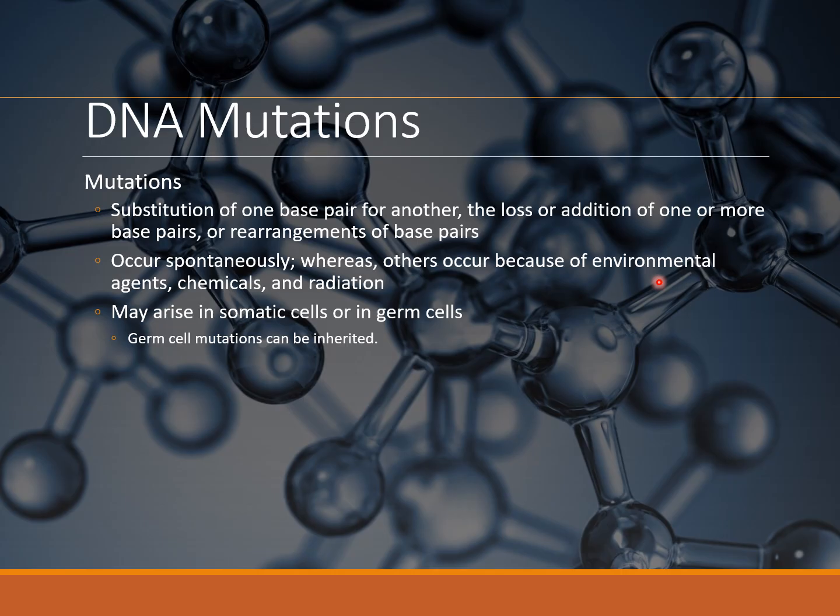But if a mutation happens in someone's germ cells, so that a mutation ends up in a sperm or an ova, and that's then passed to offspring, then you can get an inherited mutation. So germ cell mutations can be inherited. If you have a mutation within an egg, and that ova forms a new child, that mutation can then be inherited into the child.